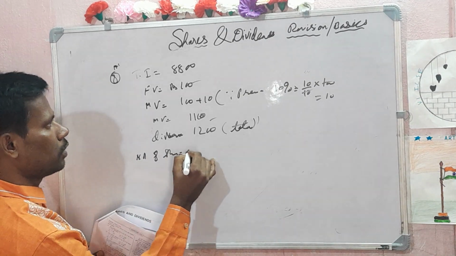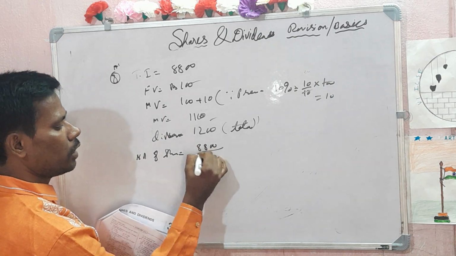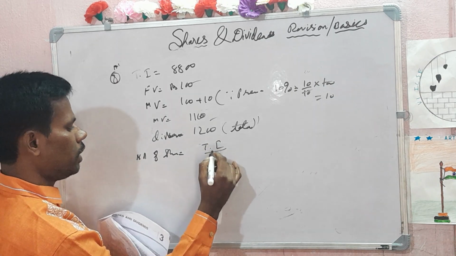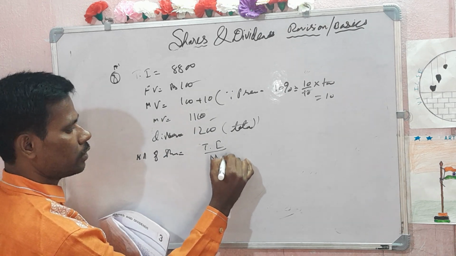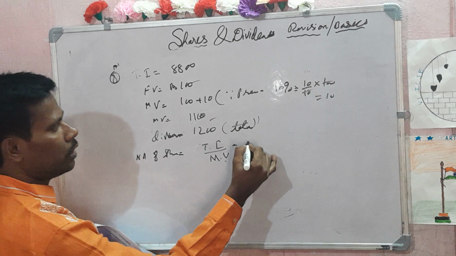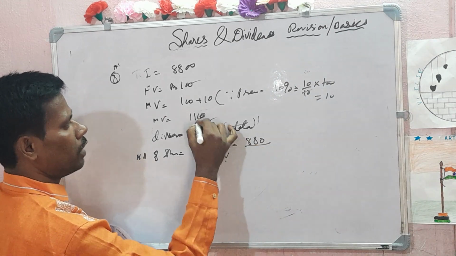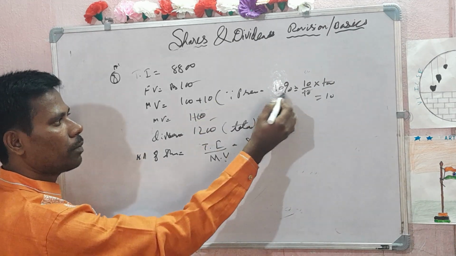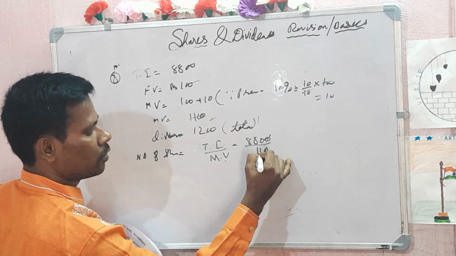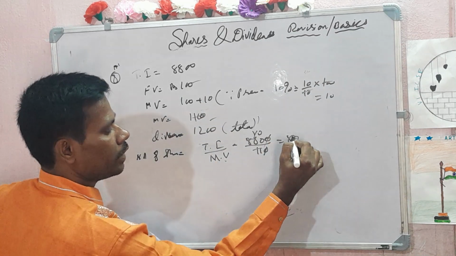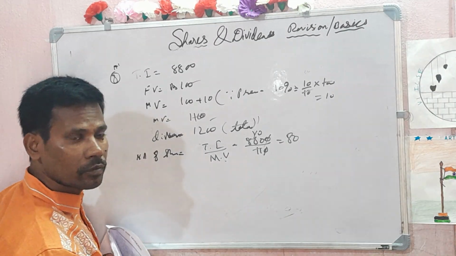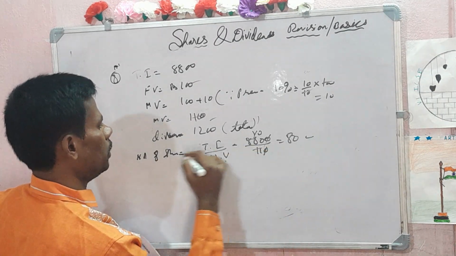Number of shares is total investment by market value, sorry, market value. Total investment is 8,800 by market value, since you use the word premium 10%. So the answer is 80. Number of shares is 80.